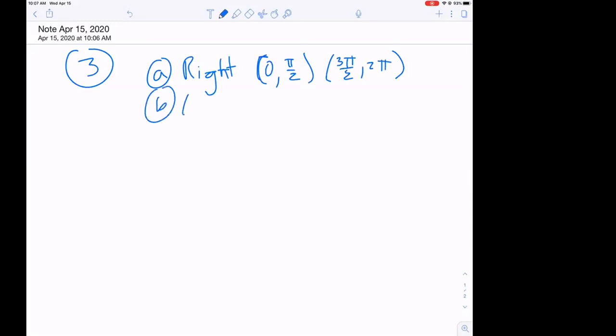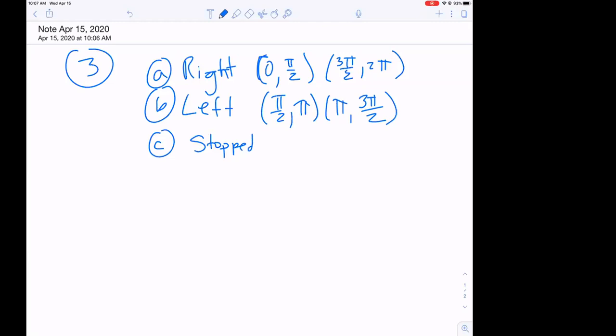It's going to the left from pi over 2 to pi, and technically from pi to 3 pi over 2. And the reason I separate those and don't just say from pi over 2 to 3 pi over 2 is technically it's stopped at pi over 2, pi, and 3 pi over 2, because that's where it's hitting the axis, so that's where its velocity is 0. So it's either stopping and switching directions, or maybe stopping in the same direction really briefly. That's kind of what's going on there. Is that okay for everybody?